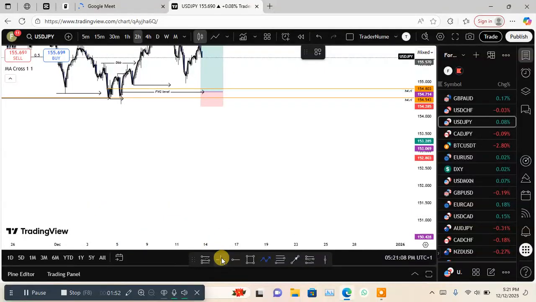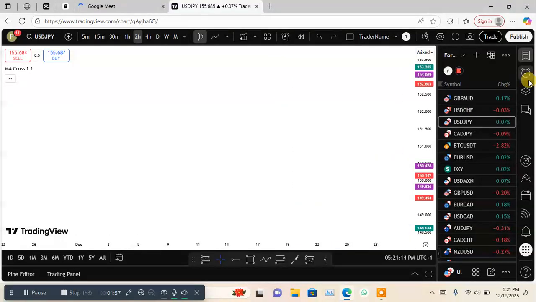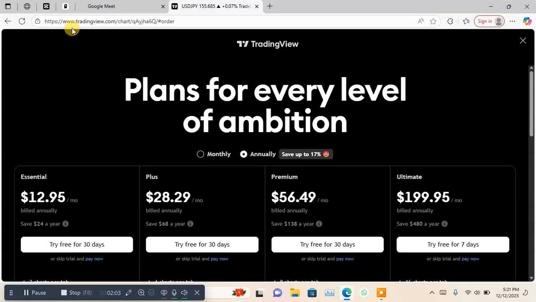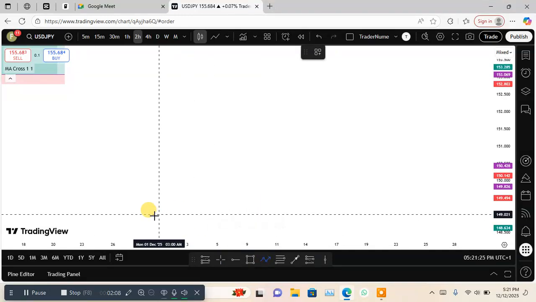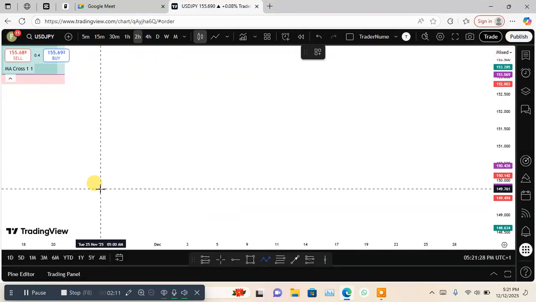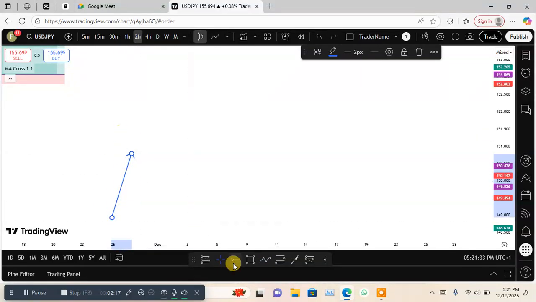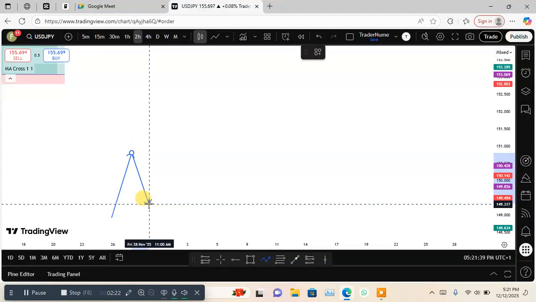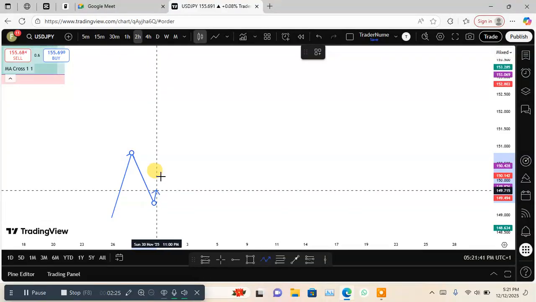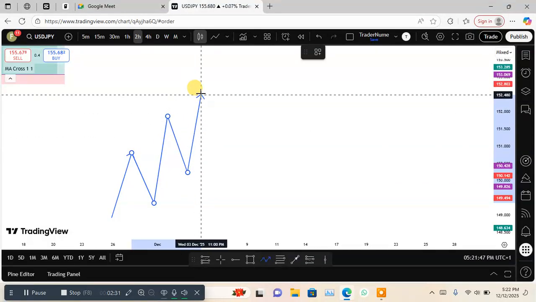I'm going to be showing you on the screen. So this is how the price looks. When price is bullish, price will start from up: higher high, higher low, higher high, higher low, higher high.